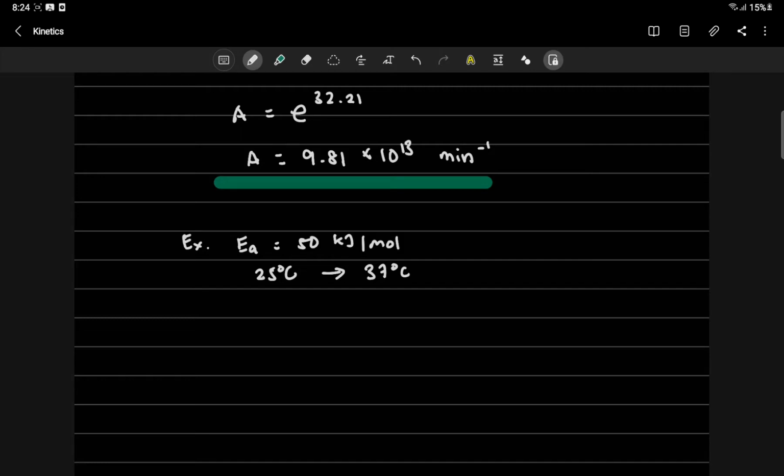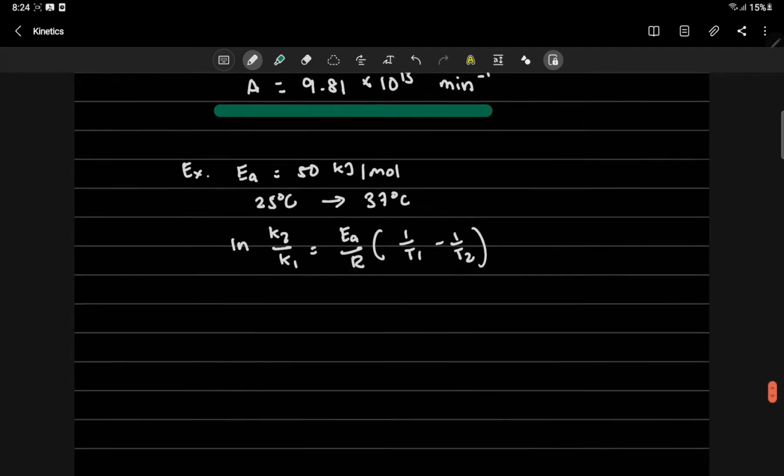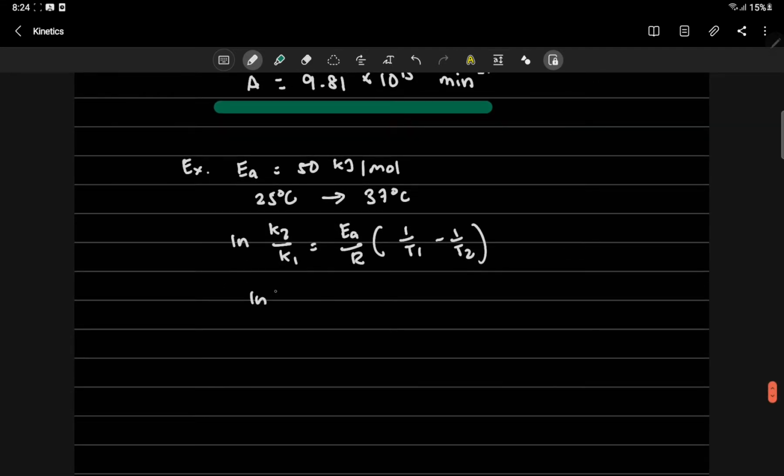So, again, utilizing the equation we developed earlier or I've shown you earlier. So, yung ln of k2 over k1 equals Ea over R times 1 over T1 minus 1 over T2. Alright? ln of k2 over k1 equals Ea.